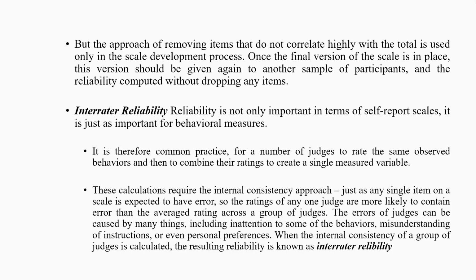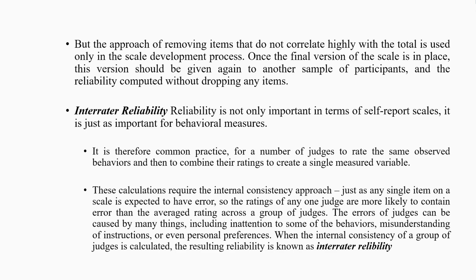Another approach that we have not talked about so far is that a lot of times the raters are also afflicted with some kinds of errors. Reliability is important not only for self-report scales but also for behavioral measures that we collect from participants.